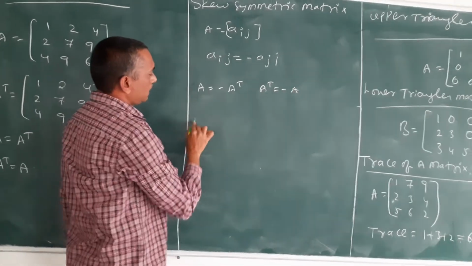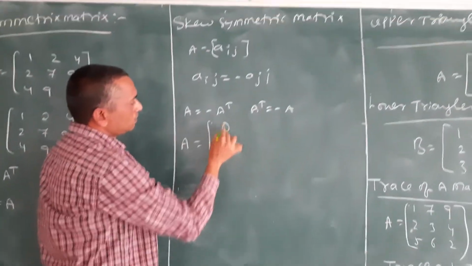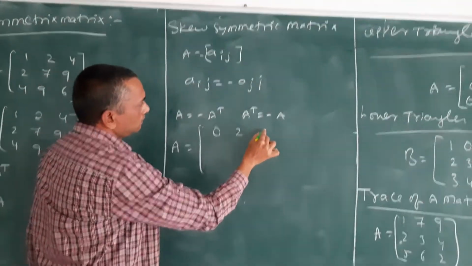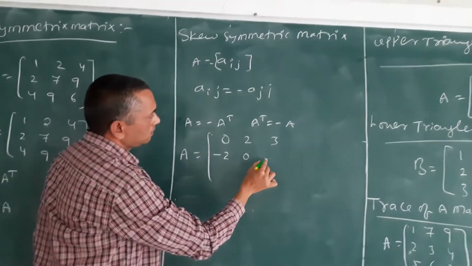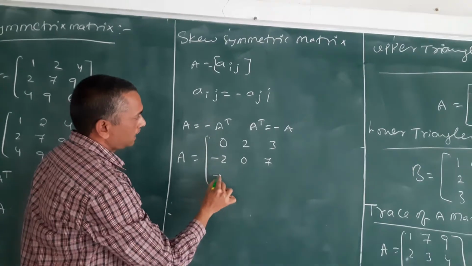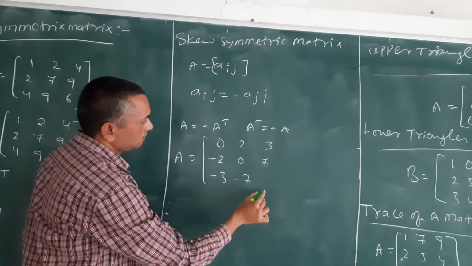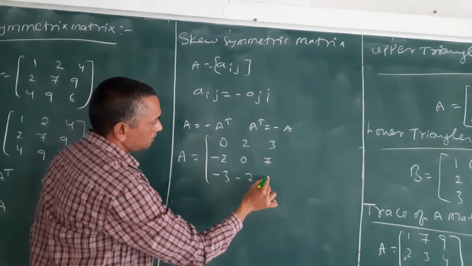For example, A equals 0, 2, 3, minus 2, 0, 7, minus 3, minus 7, 0.